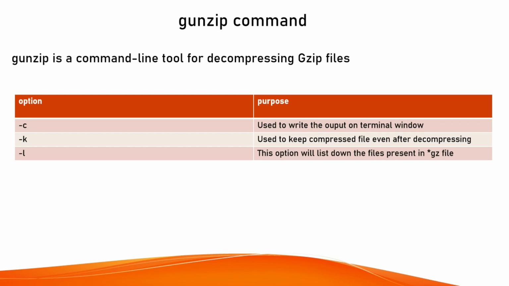And here are some of the options. -c with gunzip is used to write output on terminal window. -k used to keep compressed file even after decompressing. -l, this option will list down the files present in gzip, and this is very important because before even gunzipping it, you need to basically know which files you will be uncompressing or decompressing, right? That's where this command is very helpful.